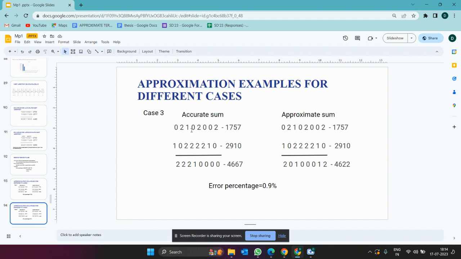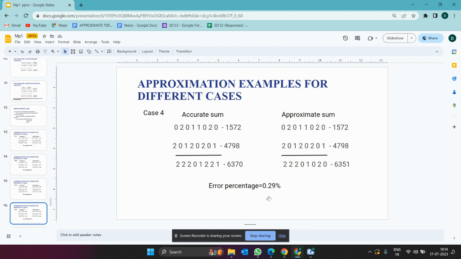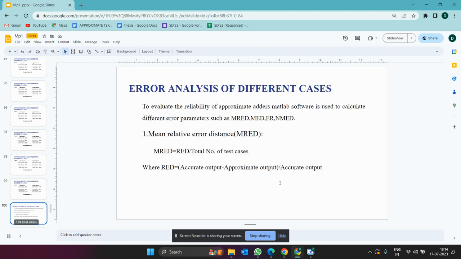Considering case 3, we have got 0.9%, and case 2, sorry, 1.2%, and for case 4 0.29%, and for case 5 0.3%, and the same for case 6. And for the seventh case, we have got the error percentage as 1.07.